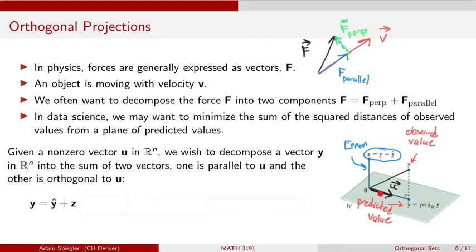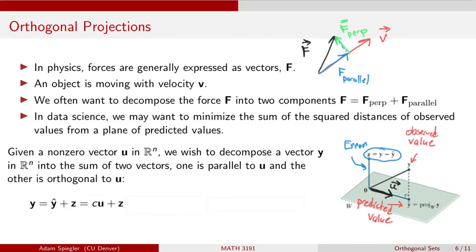So if u is some vector that sits in this plane, then I can take this observed value y and decompose it into a portion which is parallel to vector u, and that's what we're calling y hat. So this is like the parallel part of y, and then we can also have a part which is perpendicular to vector u, and that's the error that we're calling z.